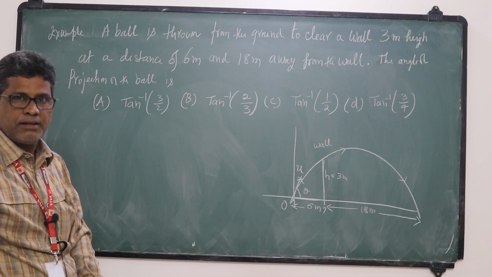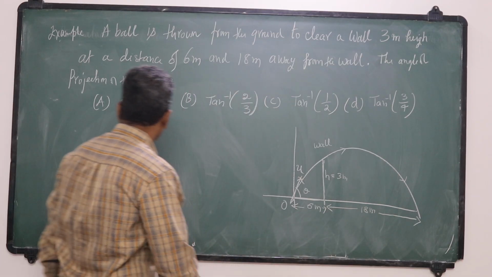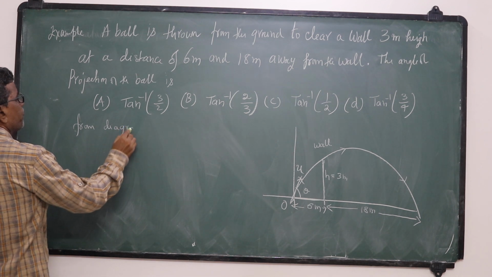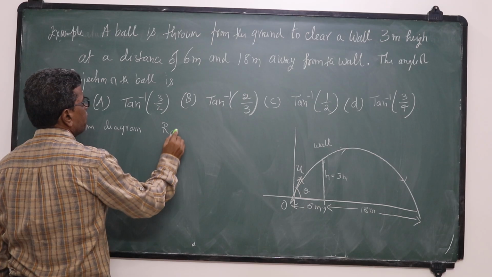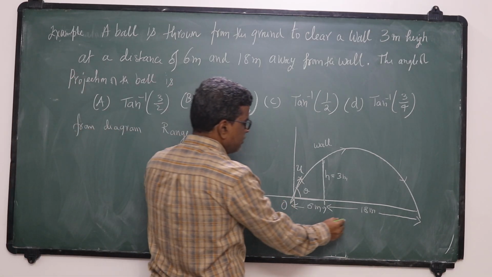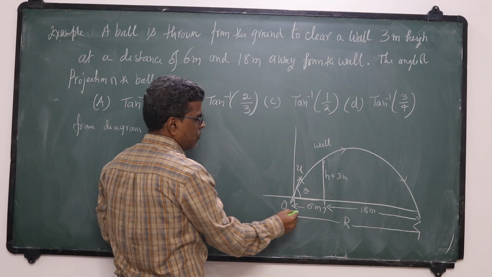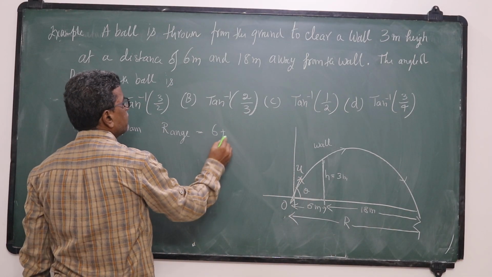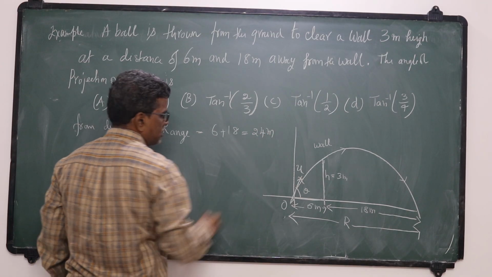So from this diagram, it is clear what the range is. This is the range, from here to here. So 6 plus 18, that is 24 meters.